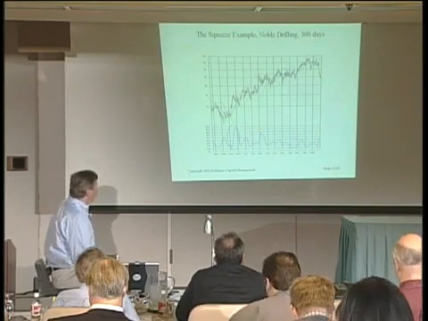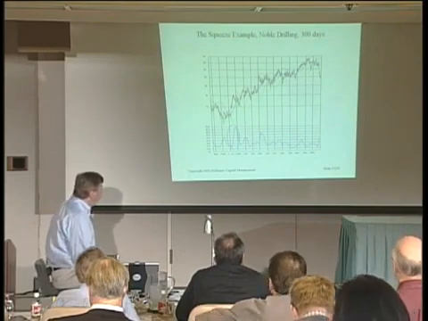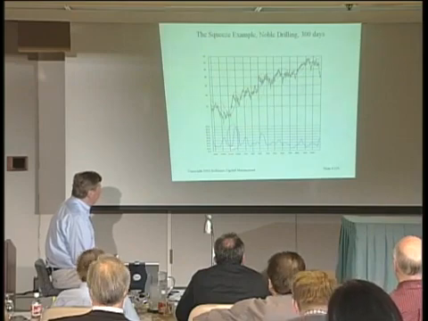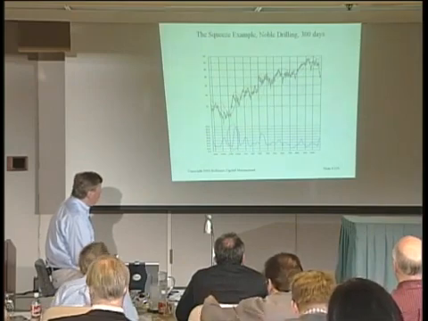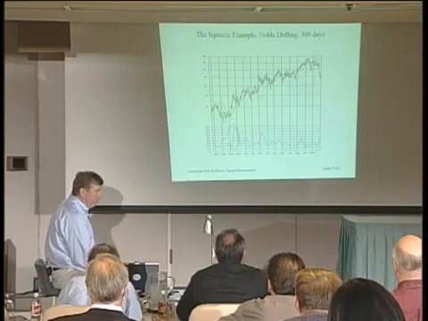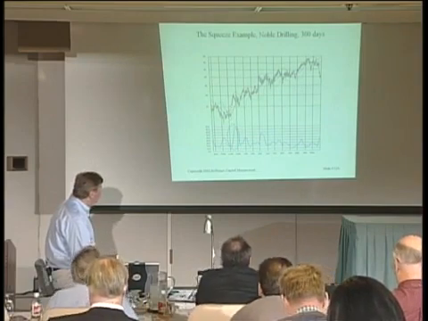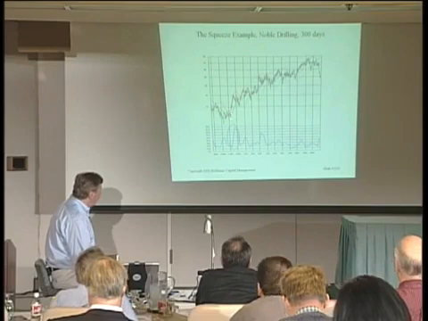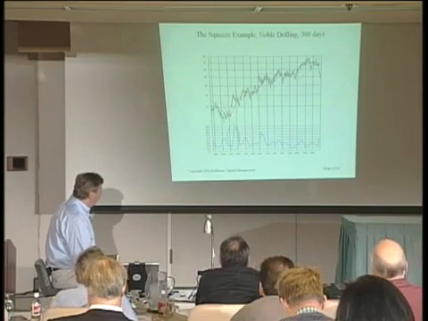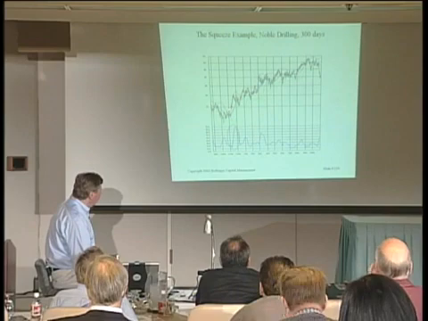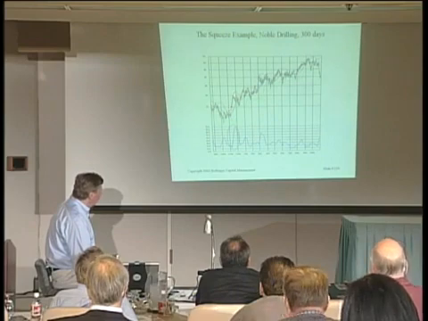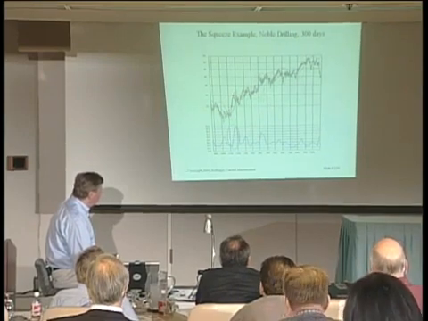Yet another example. I did this one because it's really a beautiful example of a squeeze accompanied by one of those impulse moves. Here's your squeeze in here. You bolt to the upside. Let's assume you entered on this day. You got a nice run. You got 5 points under your belt almost immediately.